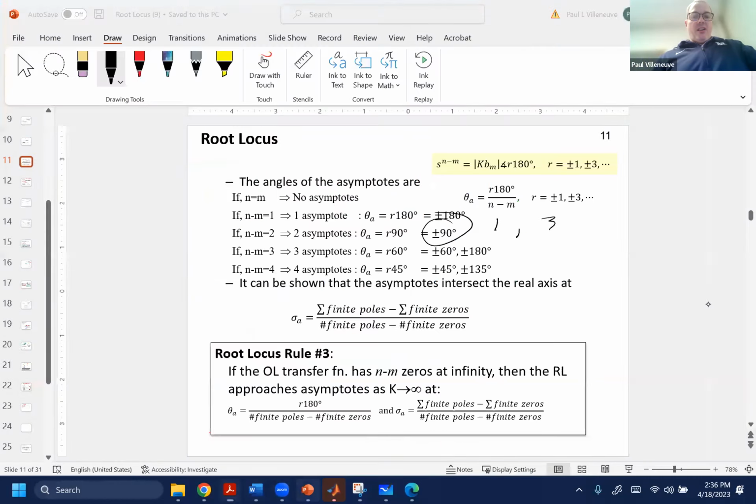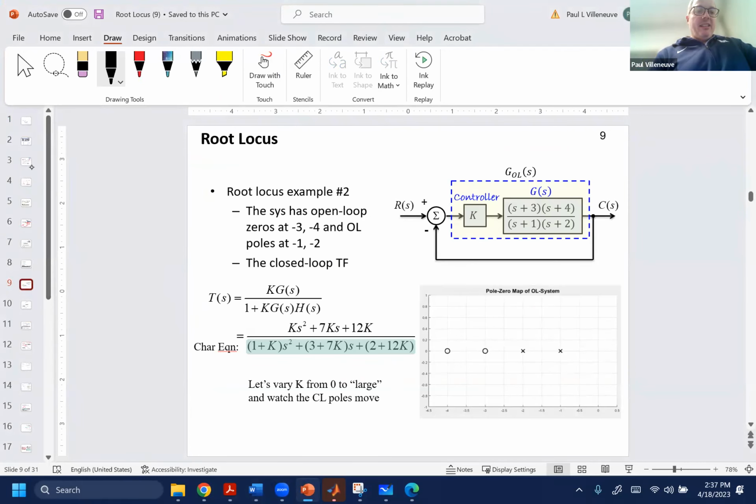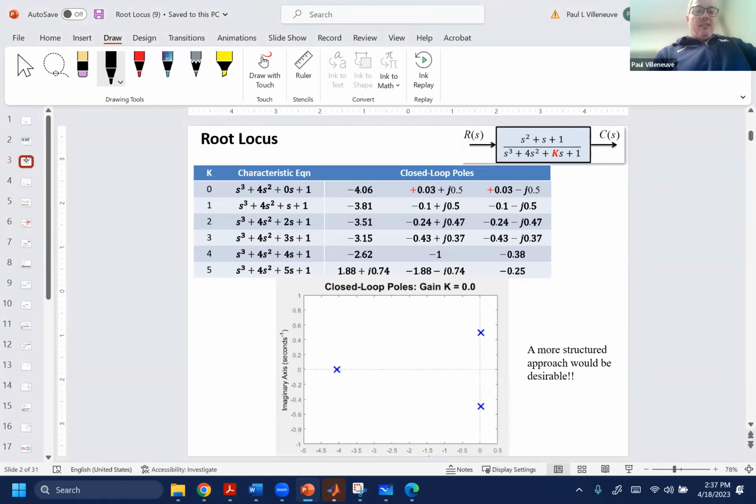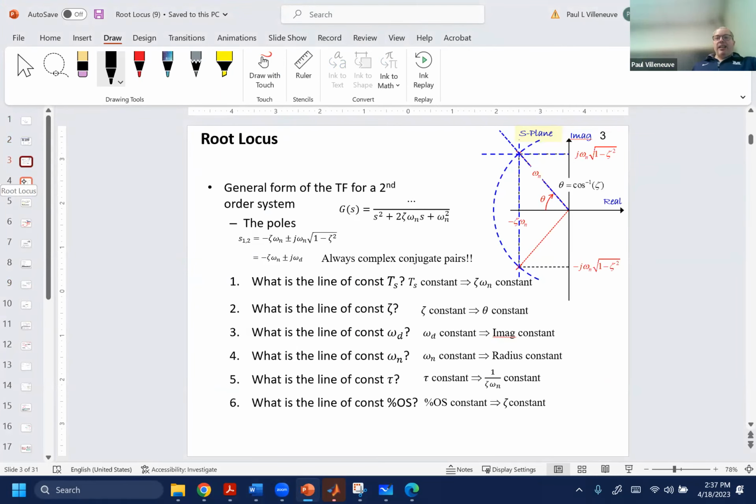And if you recall, I can't remember the exact slide. This slide has all the details, right? So zeta is a constant. If we want our percent overshoot to be less than a certain value, we have to make sure our zeta stays below a certain value.